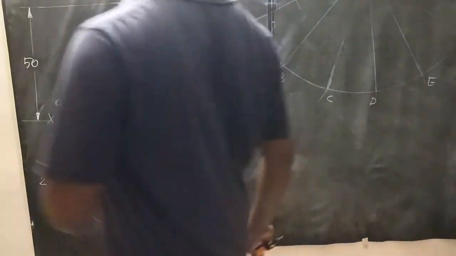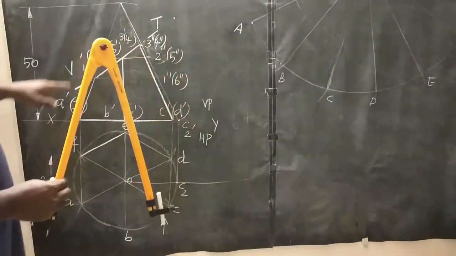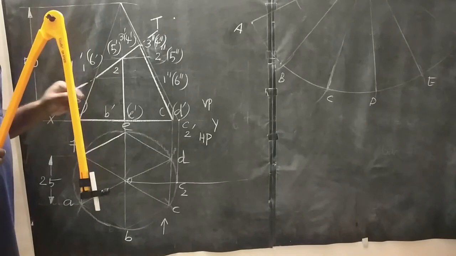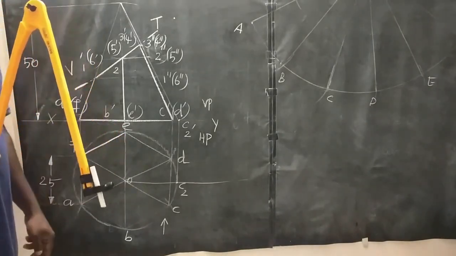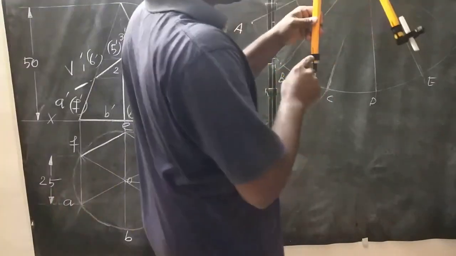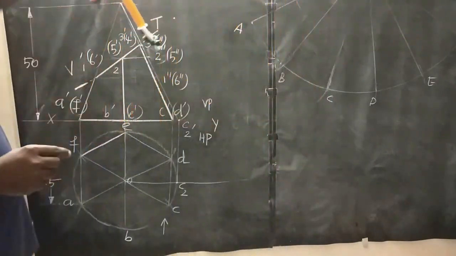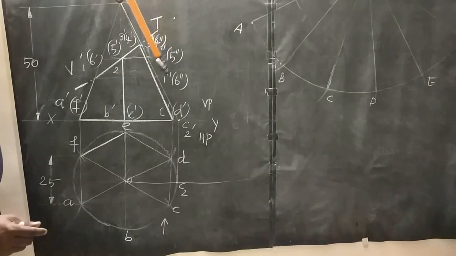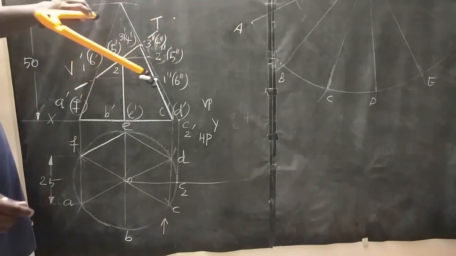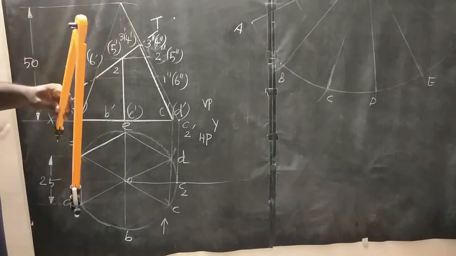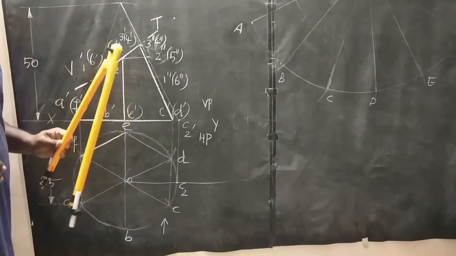Then next, the point number 6 is located on the OF slant edge. So again, don't change this length. This length is measured from this location. O dash to 6 double dash distance is equal to O dash to 1 double dash distance.